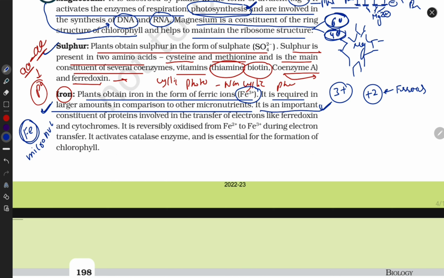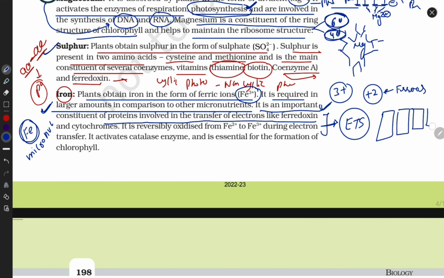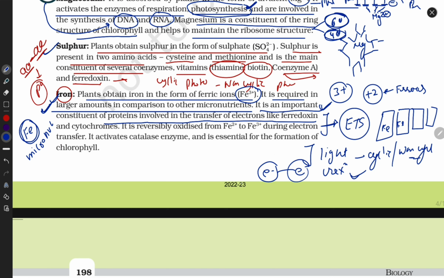It is an important constituent of proteins involved in electron transfer, like ferredoxin. Yes guys, it takes part in the ETS system. Complexes 1, 2, 3, 4, and 5 are made up with Fe-S, and there are some light reactions too. They contribute in the light reaction in cyclic and non-cyclic pathways. There is a huge contribution of iron because it transfers electrons from one compound to another.